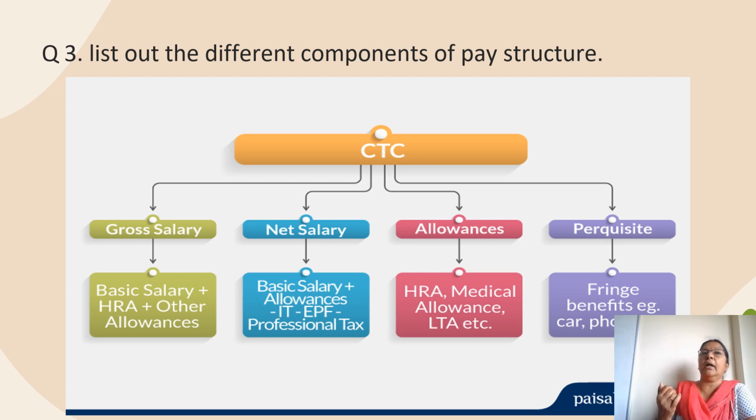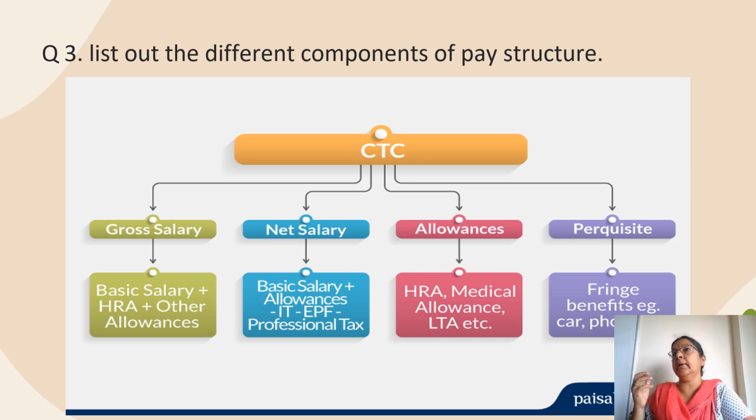He may get accommodation from the company, which may be furnished or semi-furnished. He may get a car or a two-wheeler from the company. He may get a laptop or a mobile from the company. So all these are fringe benefits or perquisites. Another short form is perks.